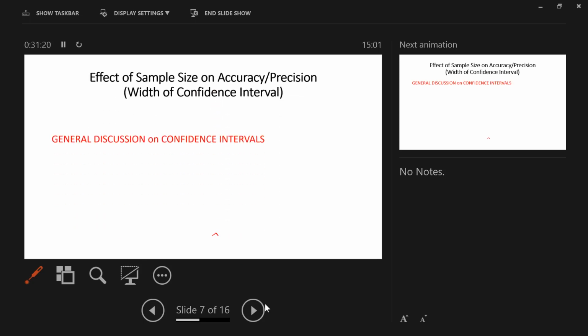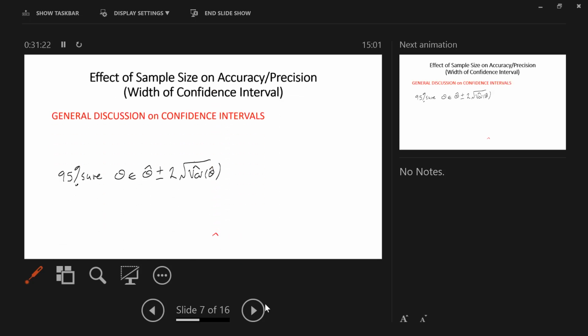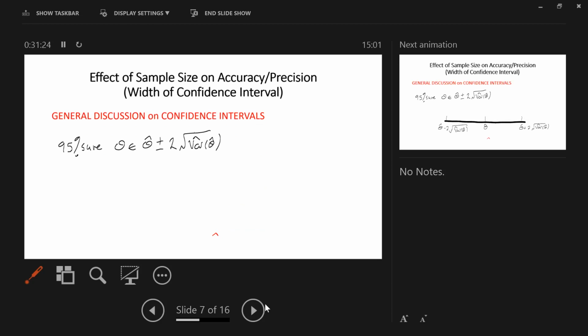You know you want your confidence interval to be as small as possible. And we said you're 95% sure always that your theta, your population value, is somewhere between theta hat minus twice the standard error and theta hat plus twice the standard error, which is the upper end. Theta hat is just the midpoint. That doesn't affect the width of the confidence interval because that's in the middle. You go there and you subtract and you go there and you add.